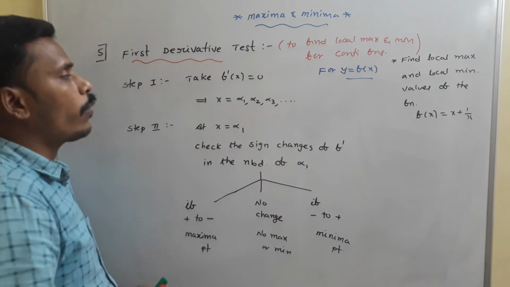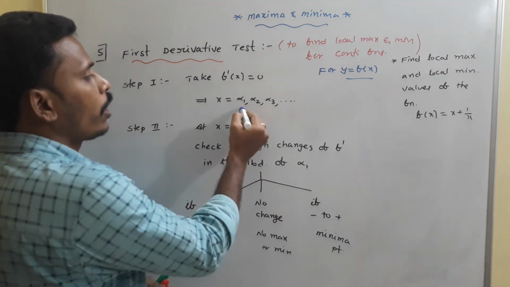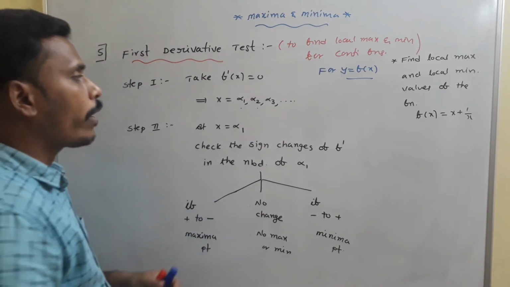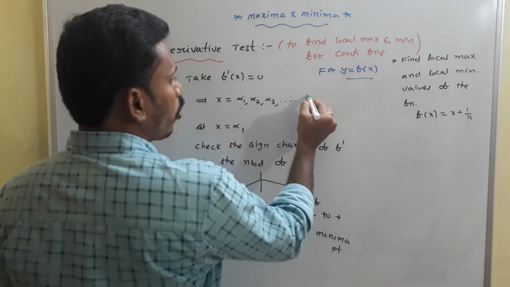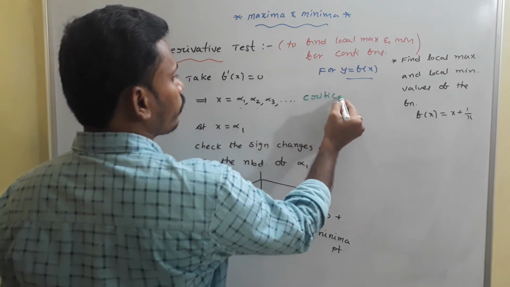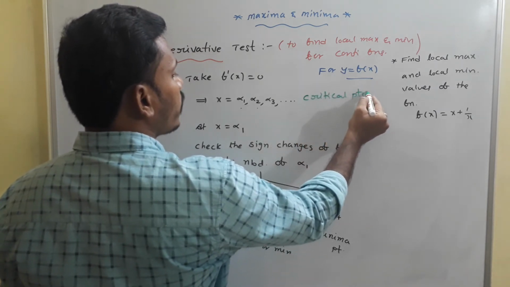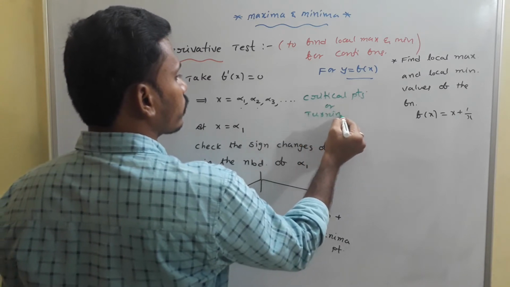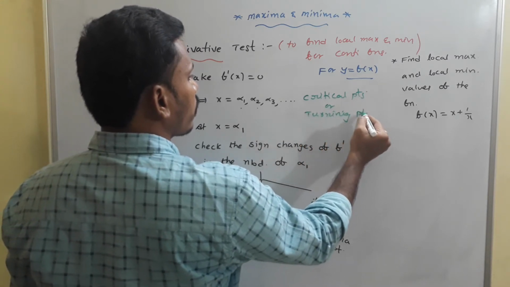If you equate f dash x to 0, you will get certain points alpha 1, alpha 2, alpha 3, and all these points are turning points, or you may say critical points. We call these points critical points or turning points. Right.